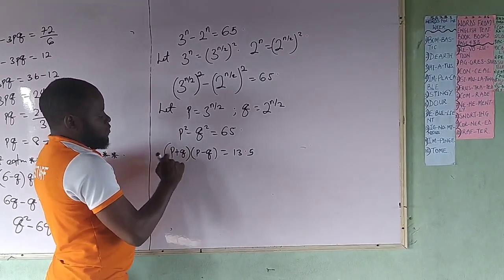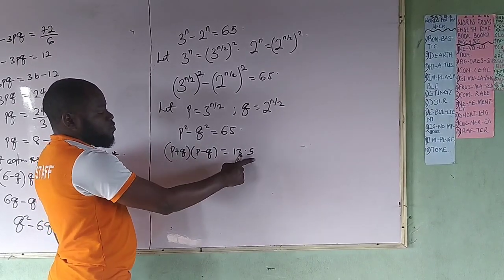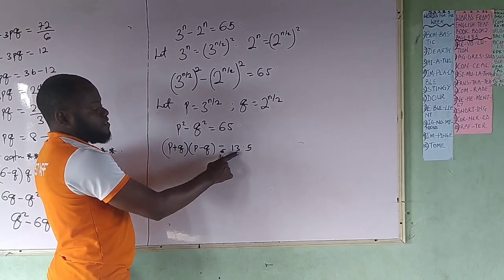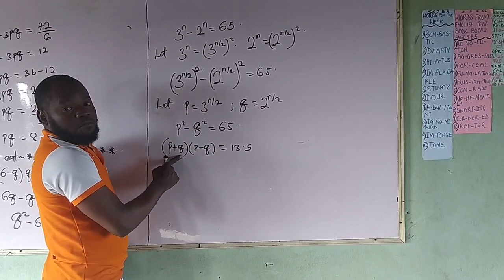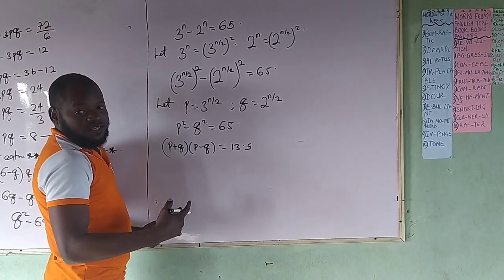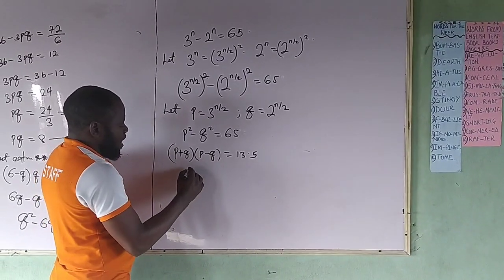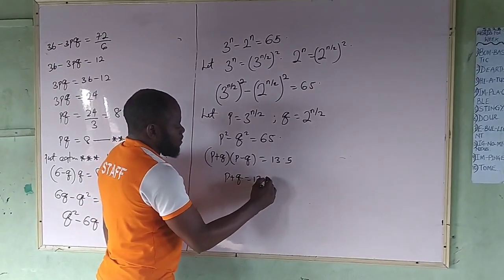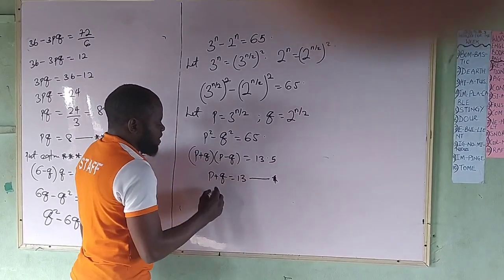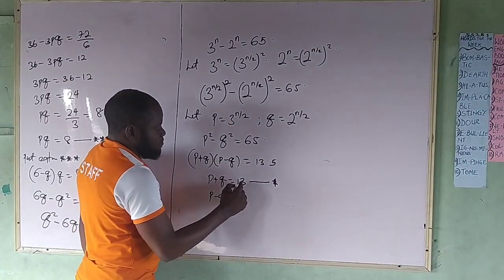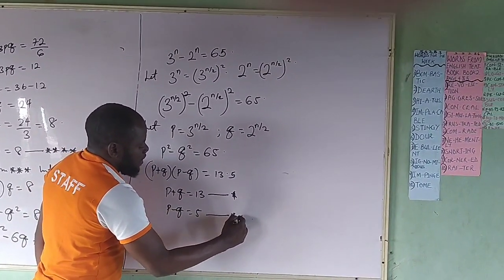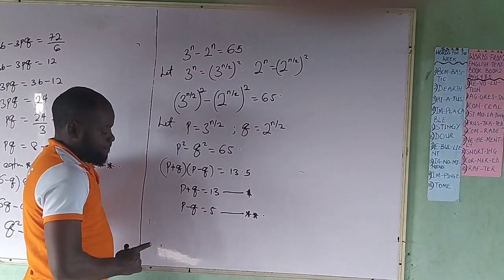You want to ask, why can't p plus q equal 5 and p minus q equal 13? When two numbers are added together, their value tends to be greater than when we are taking their difference. For that reason, we have p plus q equal 13 as our equation star, and p minus q equal 5 as our equation double star.